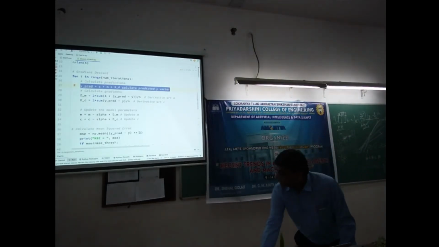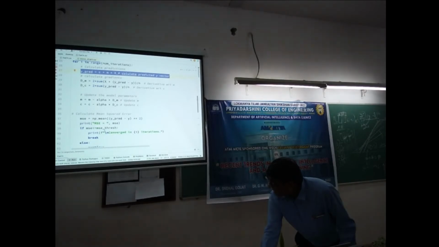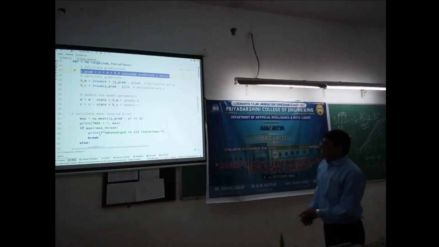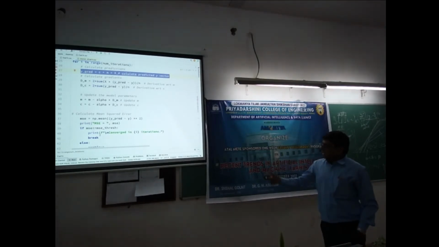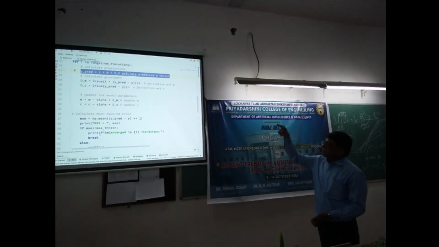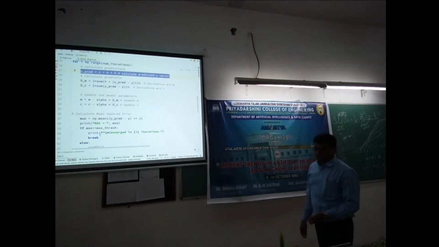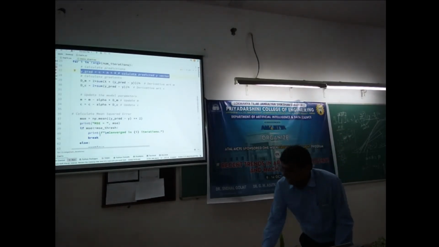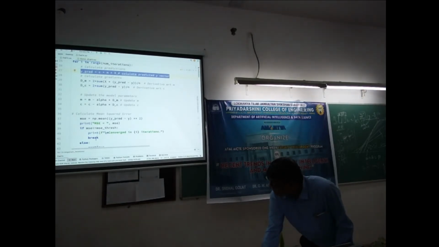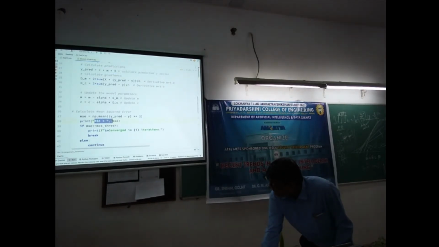Then I am printing MSE, and then if MSE is less than or equal to the MSE threshold, I have taken 0.01 as the threshold, then I would like to stop. So I will say that it converged in i number of iterations. i is my running variable, the for loop index variable, and then I immediately break because my algorithm has converged, because I have got the desired mean squared error.